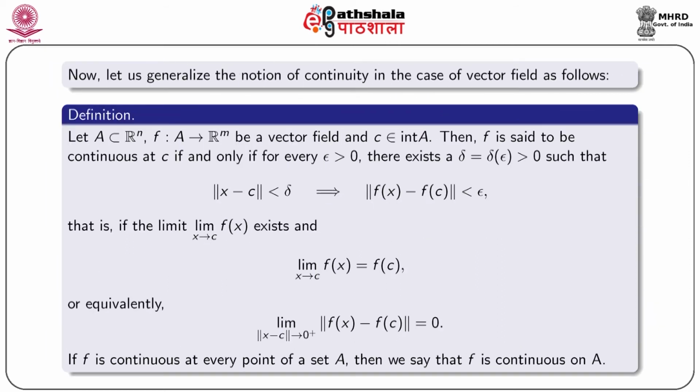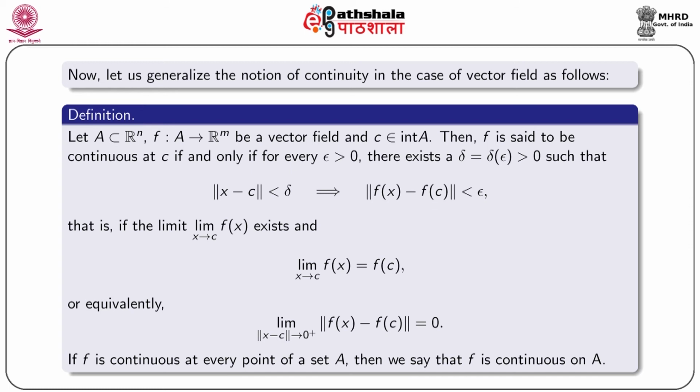Now, we generalize the notion of continuity in the case of vector field as follows. Let A be a subset of Rn, f is a map from A to Rm and C is an interior point of the set A. Then the vector field f is said to be continuous at C if and only if for every epsilon positive there exists a delta, dependent on epsilon and positive, such that norm of x minus c less than delta implies norm of f(x) minus f(c) less than epsilon.